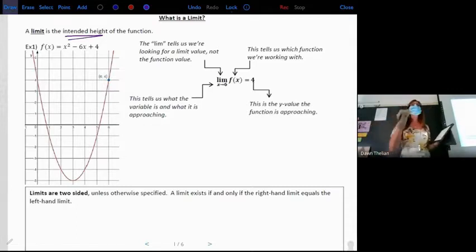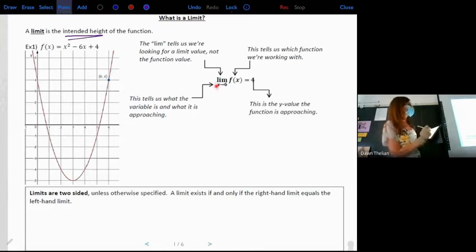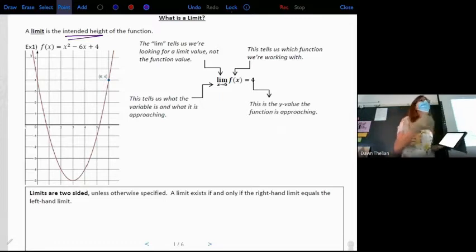So special notation comes up when you're being asked a limit question. If you focus in over here, this is an example of a limit. You see literally the letters LIM, the abbreviation for limit, and that's what tells you that the problem is asking for a limit. It's not just asking what the y value is, it's asking what the limit is.